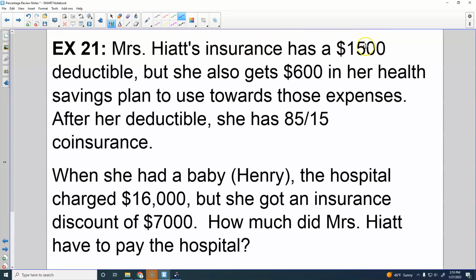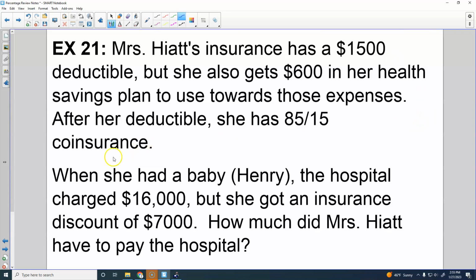They changed it, but we had this plan where you had a $1,500 deductible, and you had a health savings thing where they gave you like $600 a year, and if you didn't use that $600, the next year they'd give you another $600, and you'd have $1,200, and then the next year and so on.